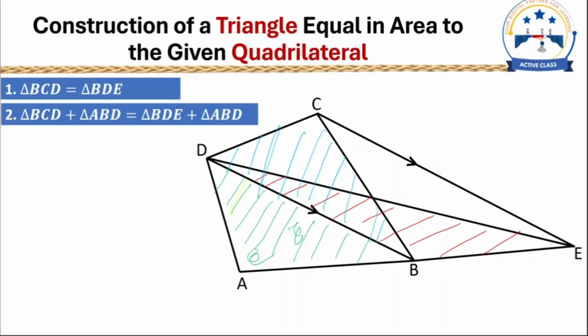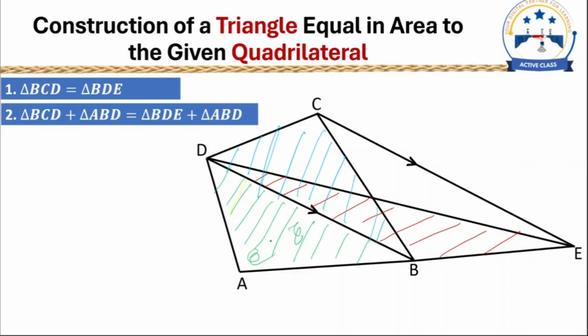Now, can you tell me if I add this blue shaded triangle and green shaded triangle, what do I get? Isn't it the quadrilateral that we made at the beginning, ABCD? Of course, yes. So the green shaded triangle plus blue shaded triangle gives us the quadrilateral, right? And the red shaded triangle plus green shaded triangle gives us the triangle that we wanted to construct.